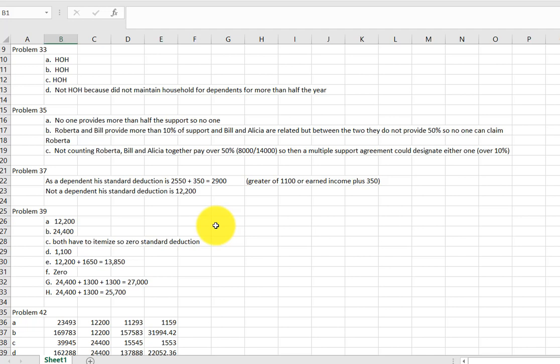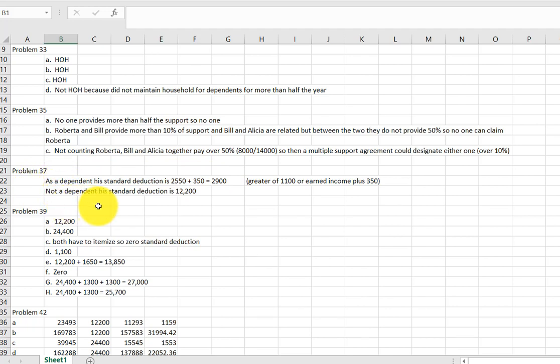Problem 37, as a dependent, the standard deduction is his earned income plus $350, which is greater than the $1,100 for a typical dependent. So it would be $2,900 as a standard deduction.